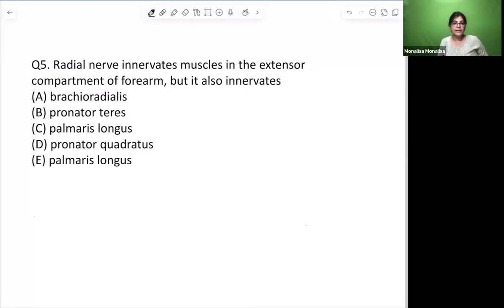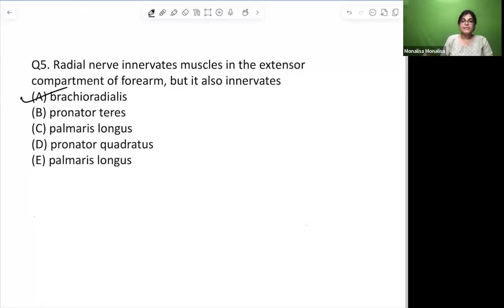Now, the radial nerve innervates muscles in the extensor compartment of the forearm, and it is also innervating one other muscle. Give me the answer, then I will tell you. Absolutely correct, brachioradialis.